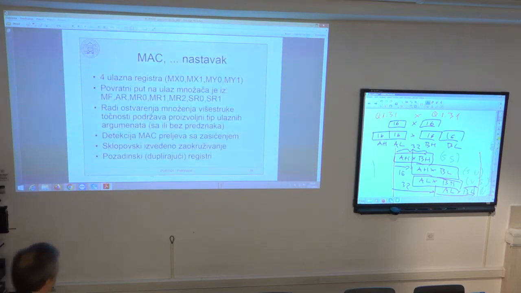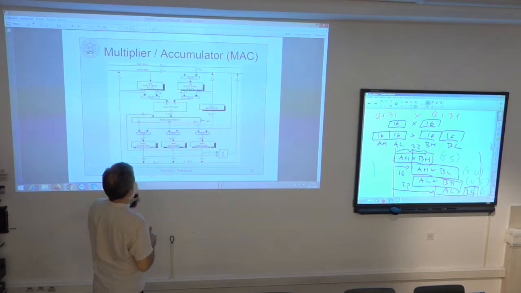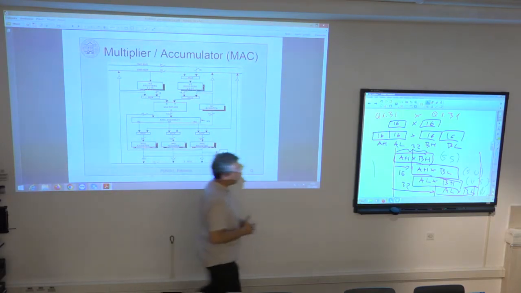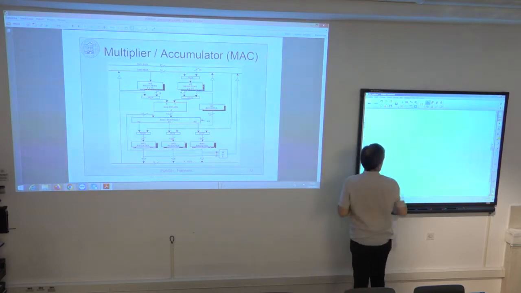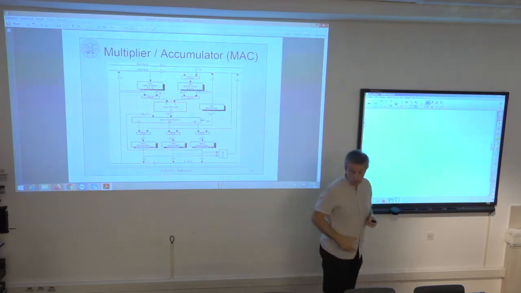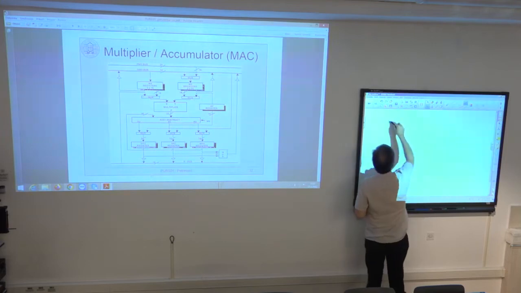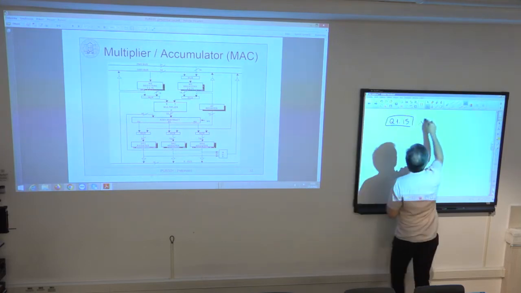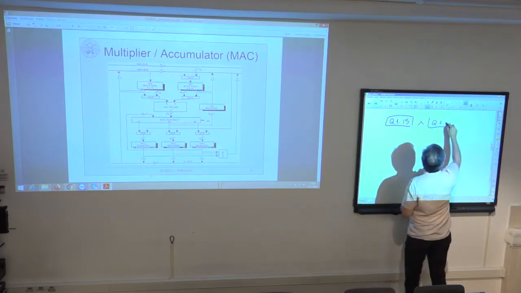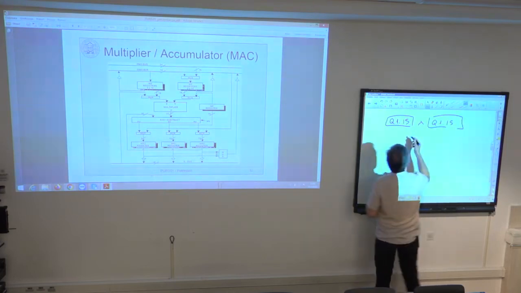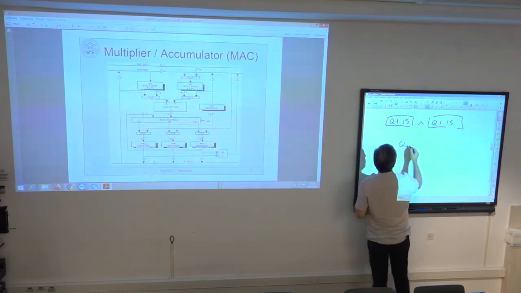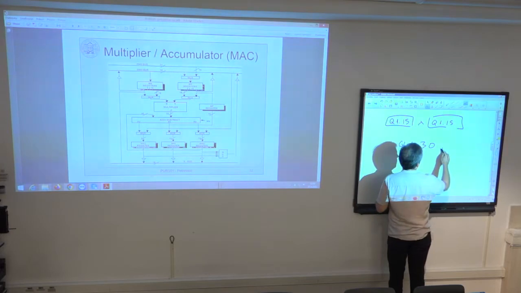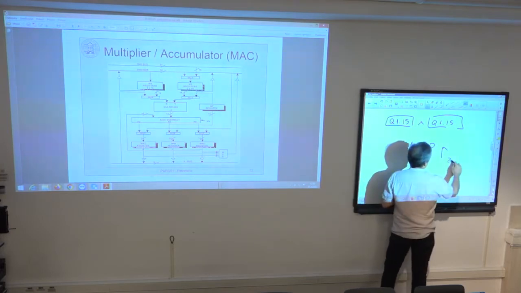So if I have the product that is 32 bits wide, and I have to take only the most significant word of the product, okay, so for example, Q15 times Q15, and the result would be Q30, and the last bit, the 32nd bit, is 0.